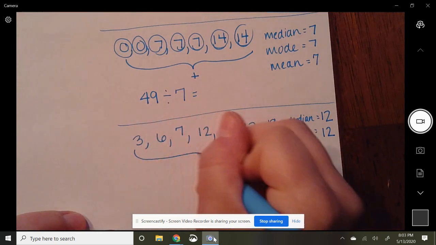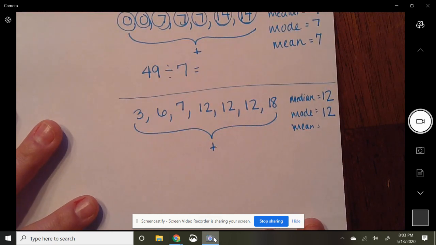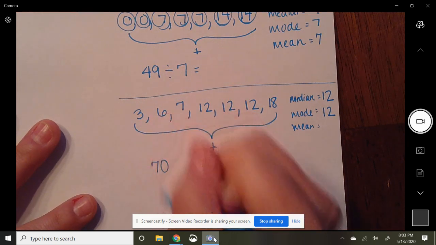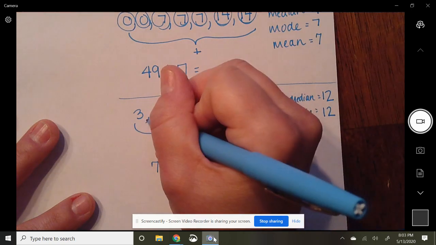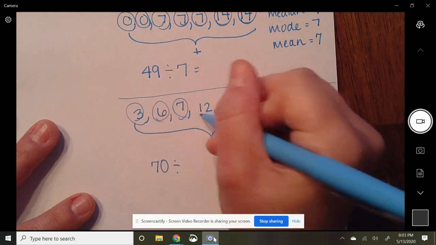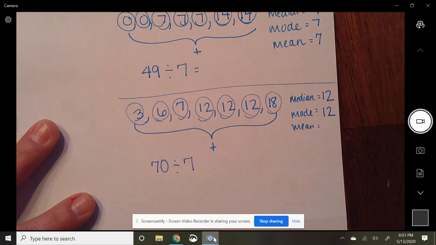Mean, here we go. Again, you don't have to do this fancy stuff, but when I add all of those up, which I have already done because this is my second filming, I get a 70. I need to divide my 70 by the number of numbers. 1, 2, 3, 4, 5, 6, 7. 70 divided by 7.